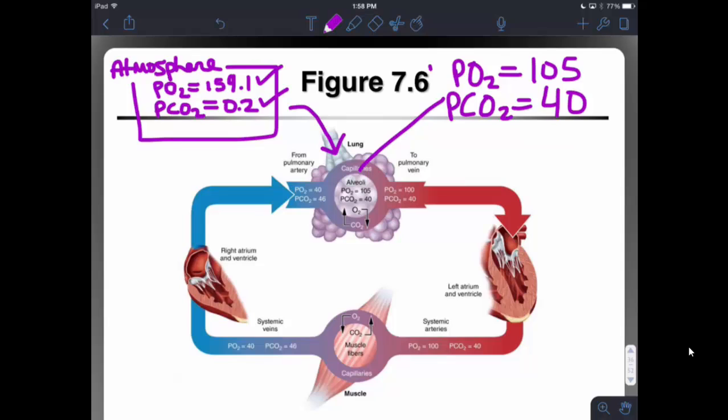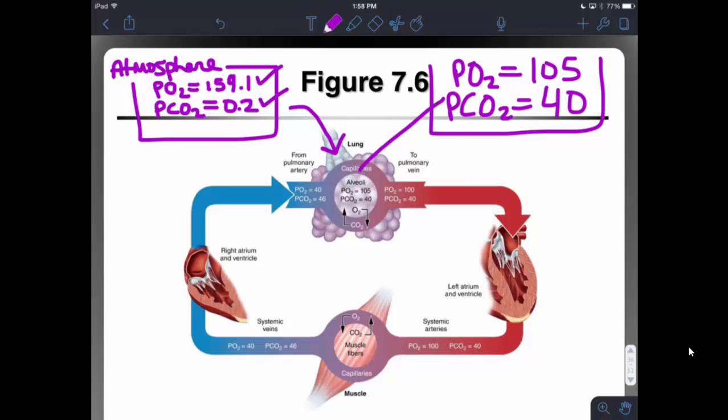Keep these numbers in mind, and again, the absolute numbers are not as important as understanding which one's higher and how they change in different parts of the body. So in the alveoli, we have a PO2 of 105 and a PCO2 of 40.